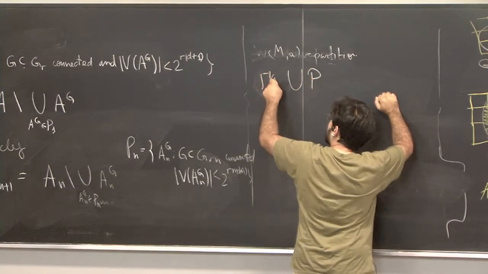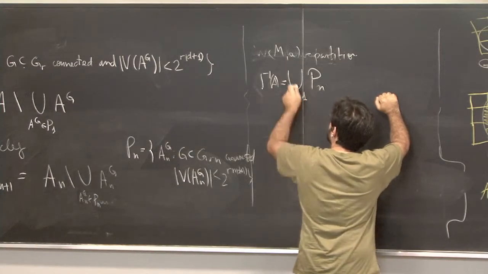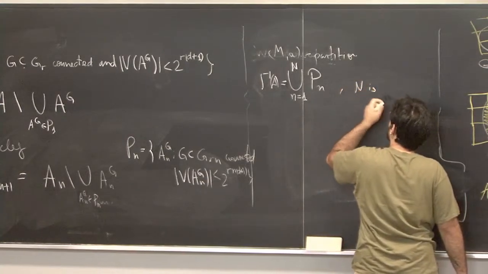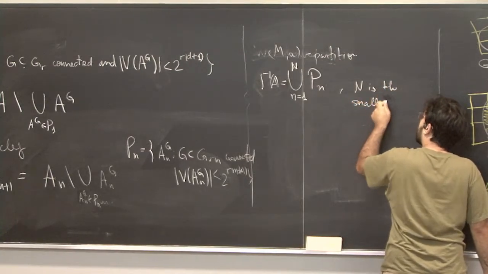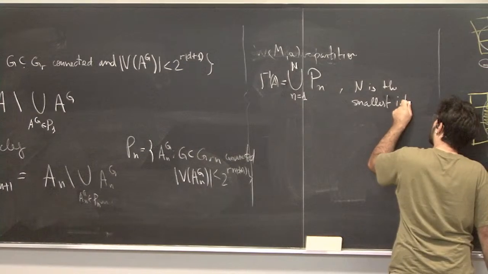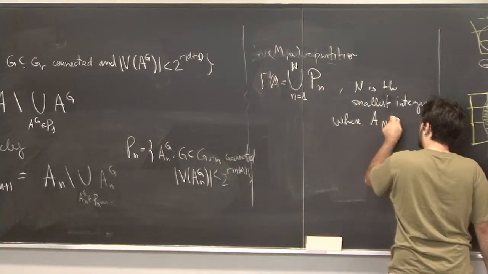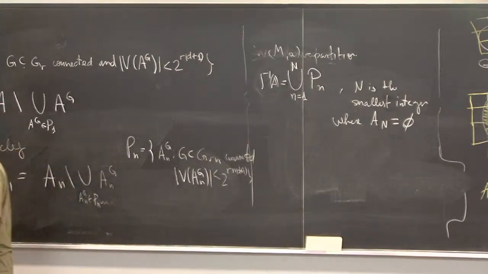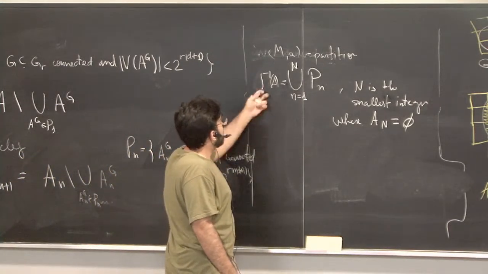So gamma A is just the union of Pn from n starting at 1 to some n, where n is the smallest integer where an is the empty set. So the first time that you hit the empty set, you have everything, so you don't need to continue the procedure, okay? And then the main partition is this one.